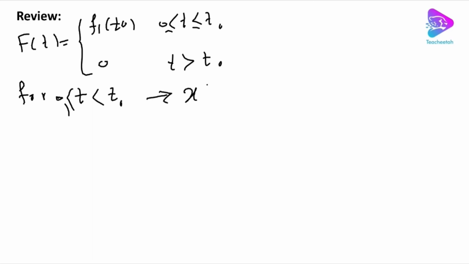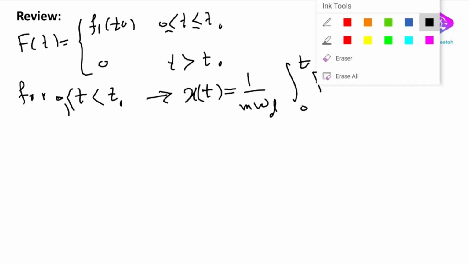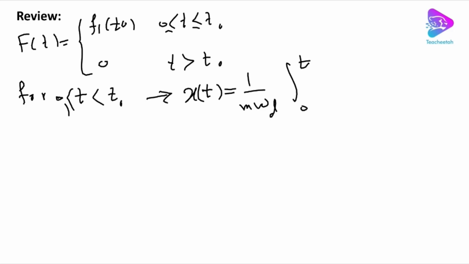So x(t) would be 1 over m omega d, integral from 0 to t of f1(tau) g(t minus tau) d tau. Whatever we find through this integral is only valid for this time range.